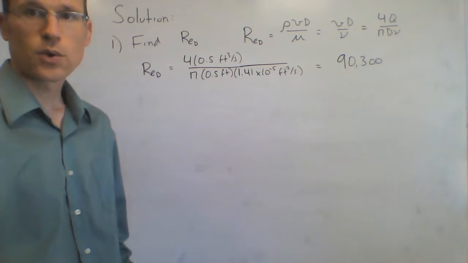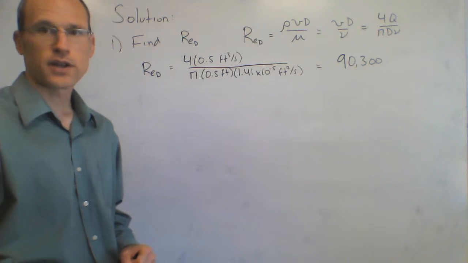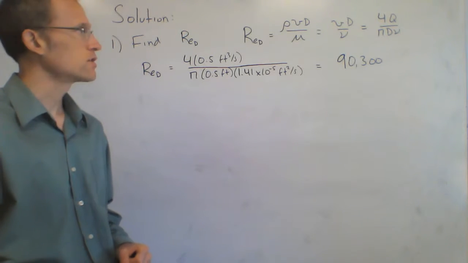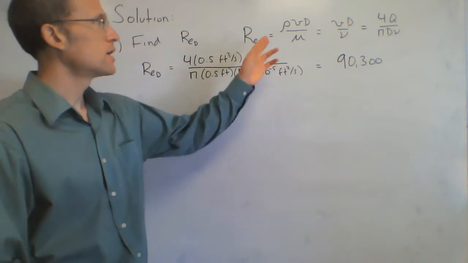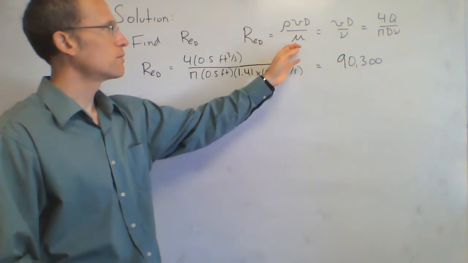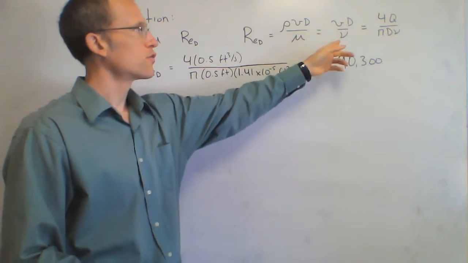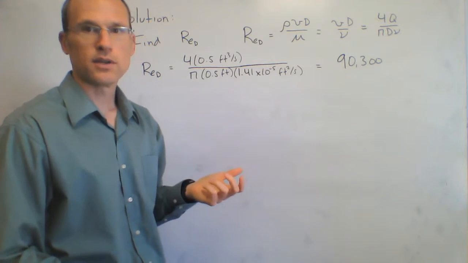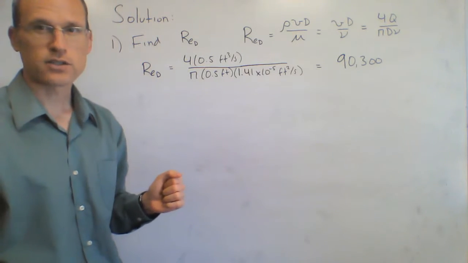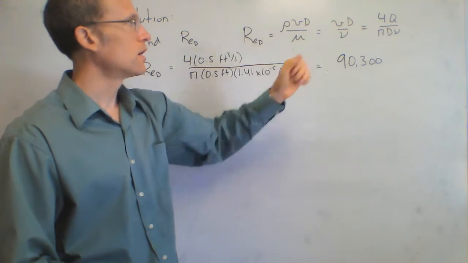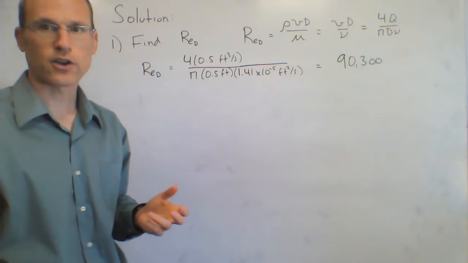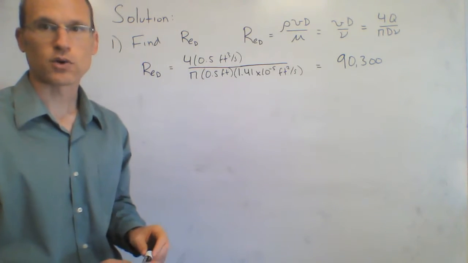So the solution to this, going through the standard procedure. First thing to do is find the Reynolds number based on diameter. So Reynolds number is density, velocity, diameter over viscosity, or velocity, diameter over kinematic viscosity. I wasn't given a velocity, I was given a flow rate, so I can change that velocity to Q over A, flow rate divided by area, where area is pi d squared over 4.